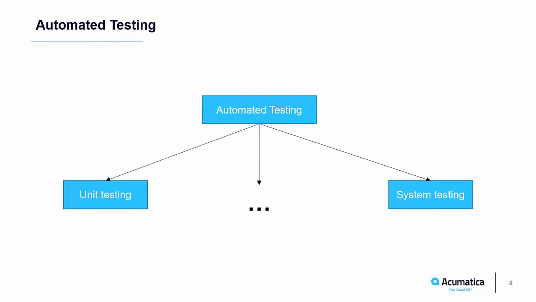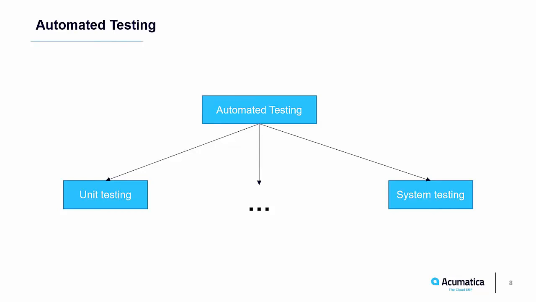Unit testing usually is implemented right within the solution, and the developer can run these unit tests himself or herself right in Visual Studio or any other integrated development environment. And the developer can get results of these tests as soon as possible. It really takes seconds to run these tests.